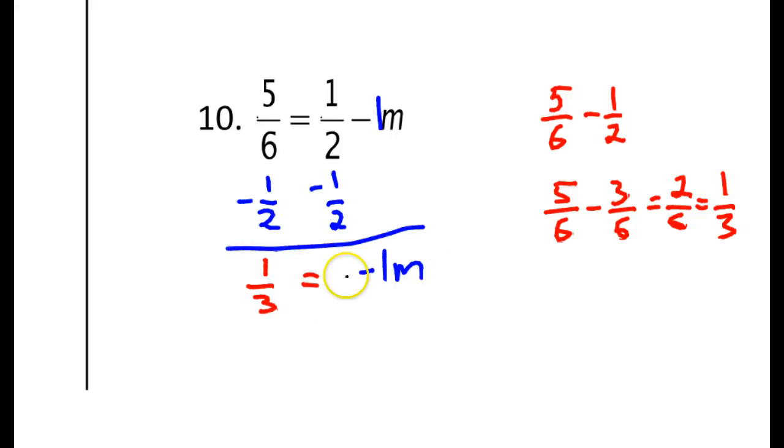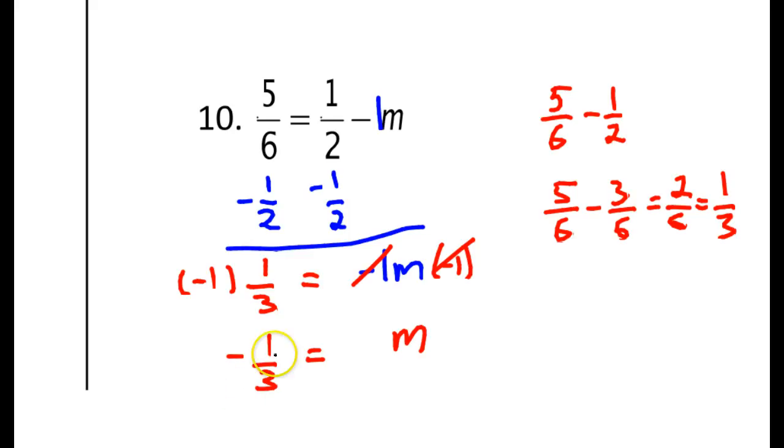So since we have a fraction here, I'm going to go ahead and not divide by negative 1, but I'm going to multiply by negative 1. Either one's correct, but this just seems a little bit cleaner. So negative times a negative is positive, just 1m, that's what we're looking for. And negative 1 times 1/3 is negative 1/3. There we go.